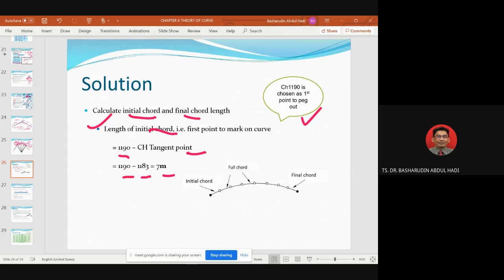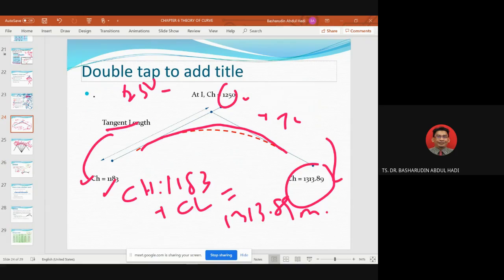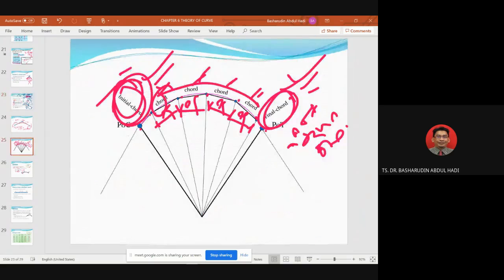Because for the first we get a value of 1190 and above, we must go for the even number, right? So you know this one is an initial chord, and then a full chord, and the final chord. The 7 meter value is from this one to this one, the initial chord to the first. The first is what meter? 20 meter.